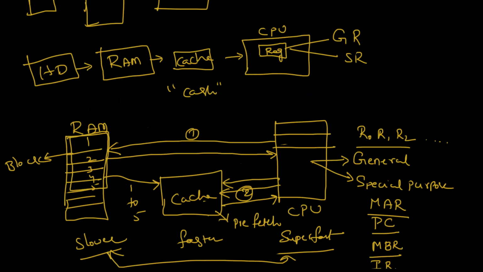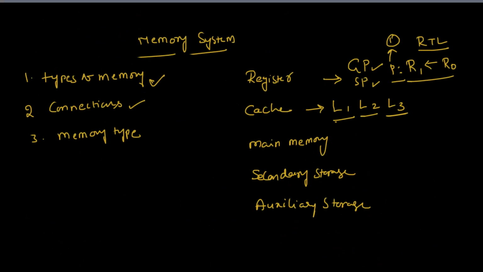If you assume this is the L3 cache, the L1 cache and L2 cache will be residing on the same chip. But of course, there are size restrictions. L1 is super fast in the computer. L2 is a little bigger in size but less fast. L3 is slower than L1 and L2 but bigger in size. These are the various types of cache memories, and we already know that the basic purpose of cache memory is to prefetch the instructions.